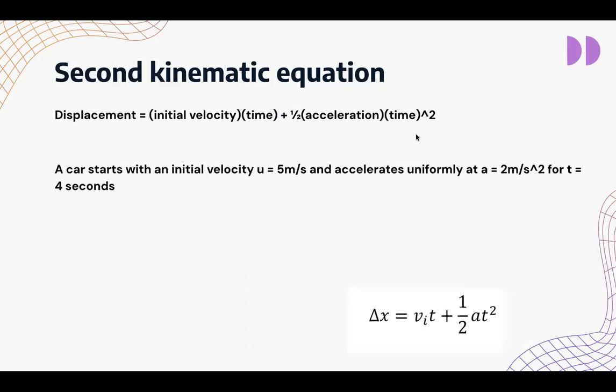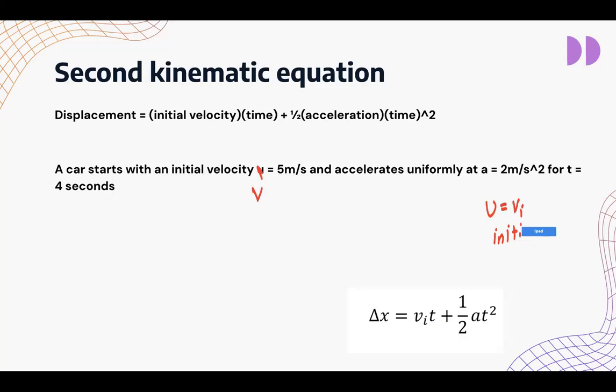What do we have next? Oh yeah, this is the other displacement equation. It's v sub I t plus 1/2 a t squared. This should be v. Don't worry about u. Something that a lot of physicists use is u as equal to v sub I, the initial velocity.